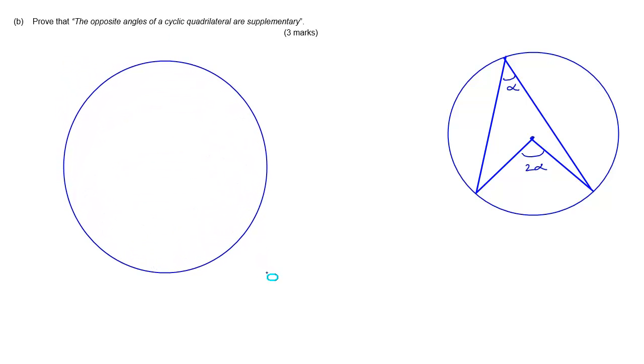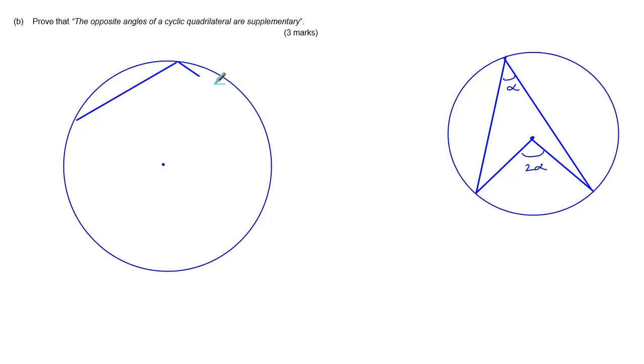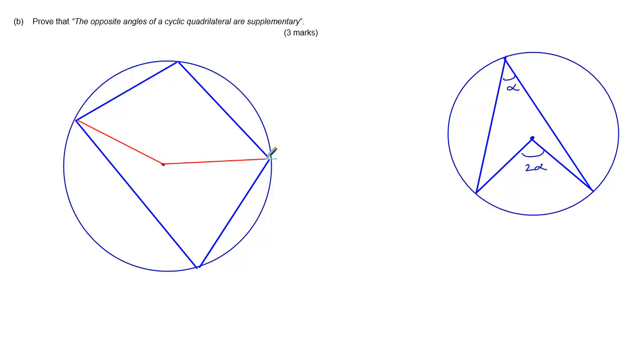So let's draw a circle, and here's the center, and let's draw a cyclic quadrilateral. Remember, that's with all 4 vertices touching the circumference of the circle. Now what you do is add in 2 radii, like so.